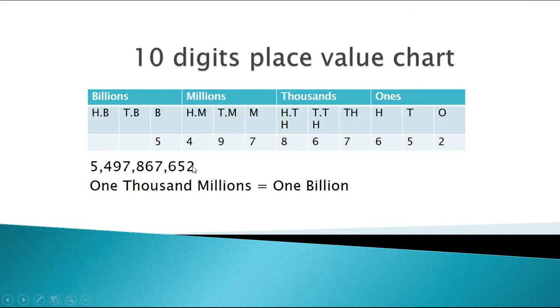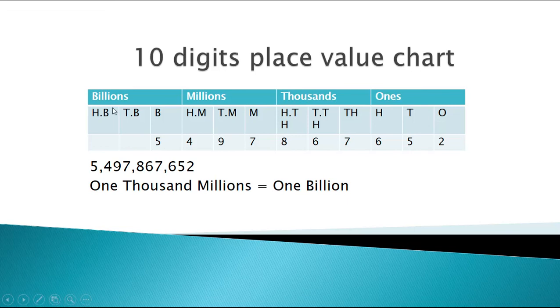We will place it in our international place value chart. We will start from our right hand side. 2 comes on 1's place, 5 comes on 10's place, 6 comes on 100's place, 7 comes on 1000's place, 6 comes on 10,000's place, 8 comes on 100,000's place, 7 comes on million place, 9 comes on 10 millions place, 4 comes on 100 million place, and 5 comes on billion place.